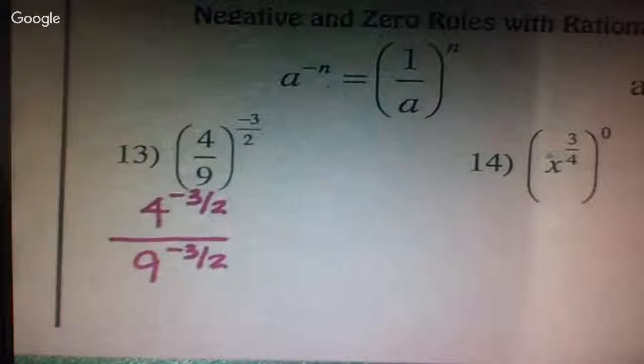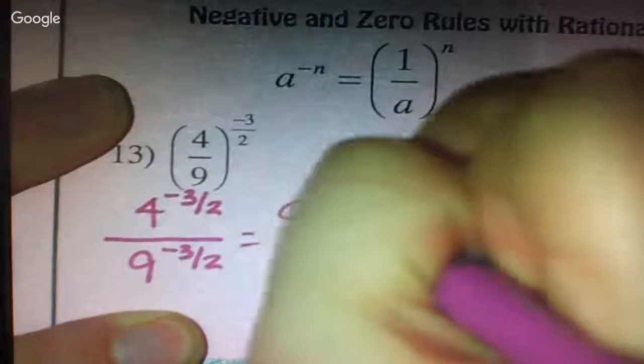Because you take 1 times the exponent on the outside and 1 times the exponent on the outside. Now, I can't leave these exponents negative. So my 4 needs to go where? On the bottom. Where does my 9 need to go? On the top. To the top. So this is 9 to the 3/2 over 4 to the 3/2.